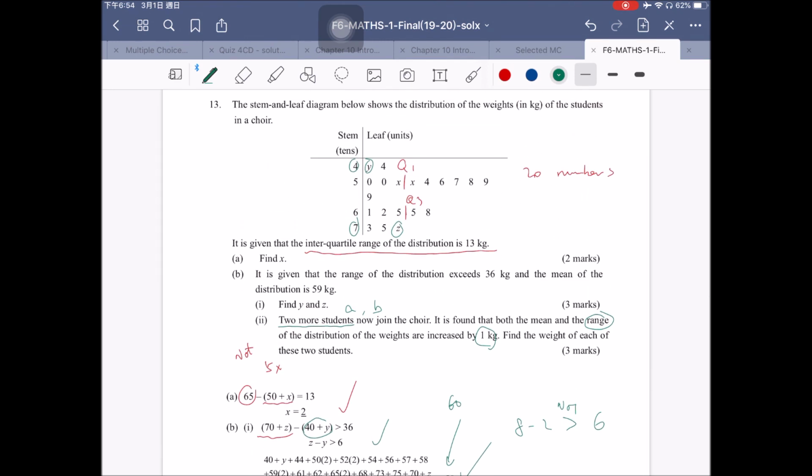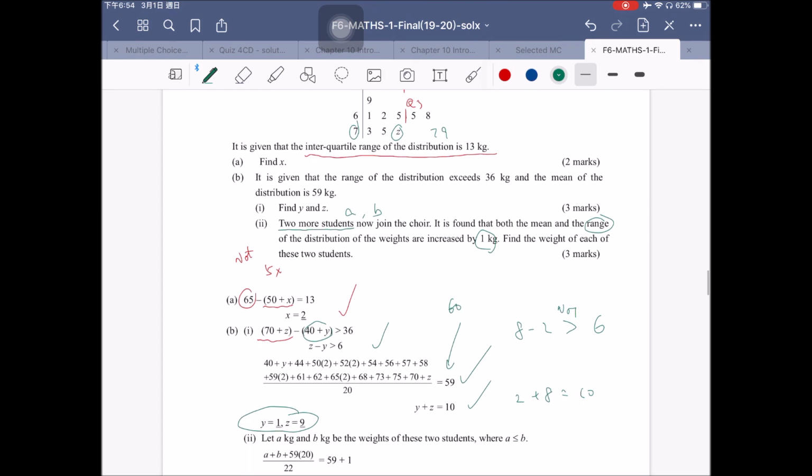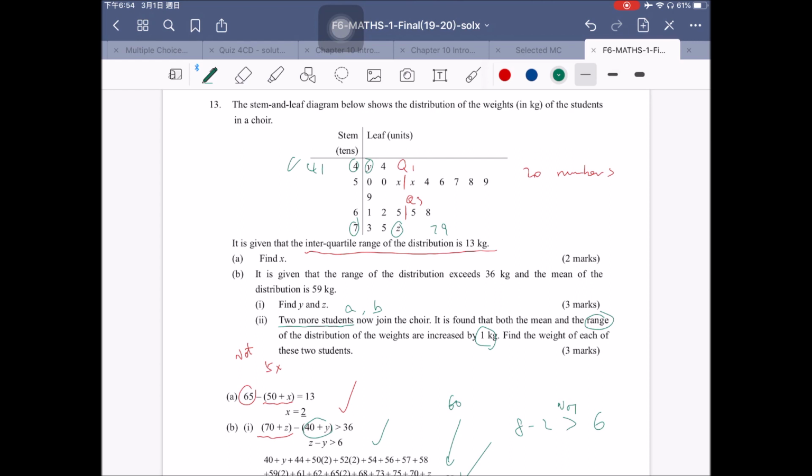The range is now 79, and this one is 41. As you see that these are 1 and 9, okay? If we keep these 2 values, then the range is 38. So either this one changes or this one changes. You will see that.